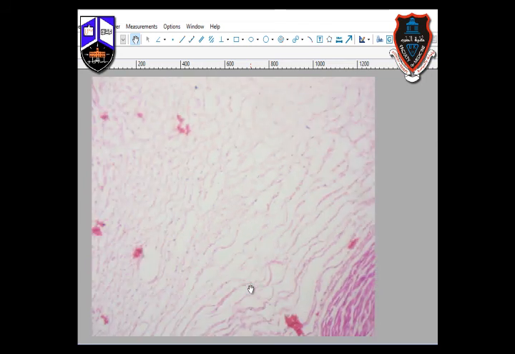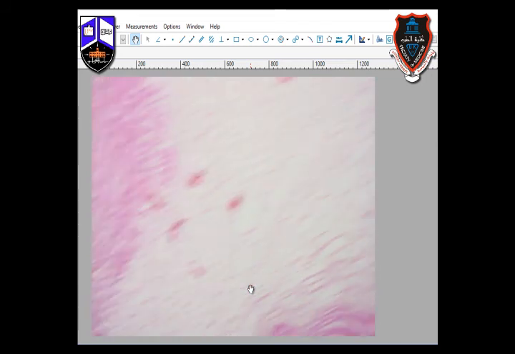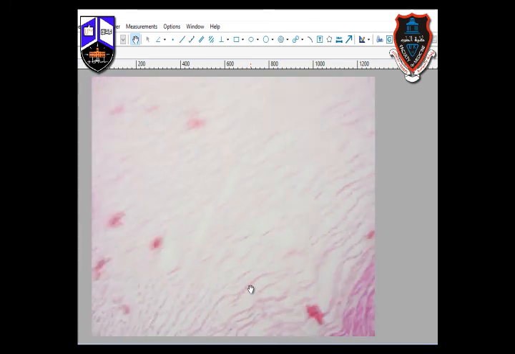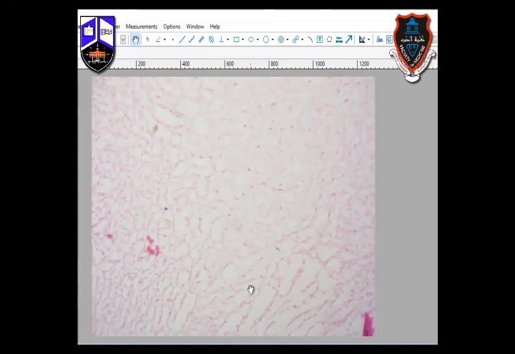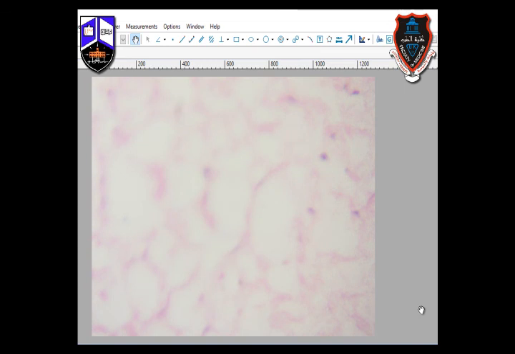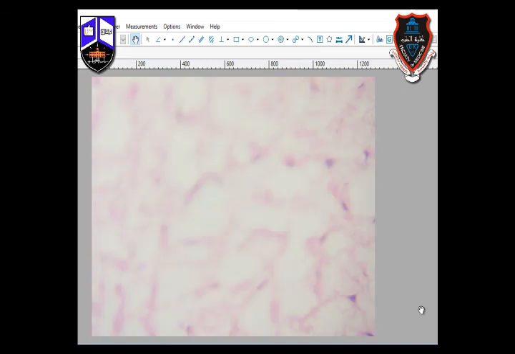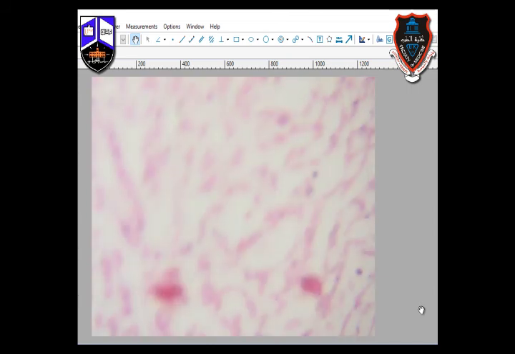This is the mucous connective tissue. Using the high power field, you can identify that there are no mature fibroblasts, only mesenchymal cells and abundant loose ground substance.